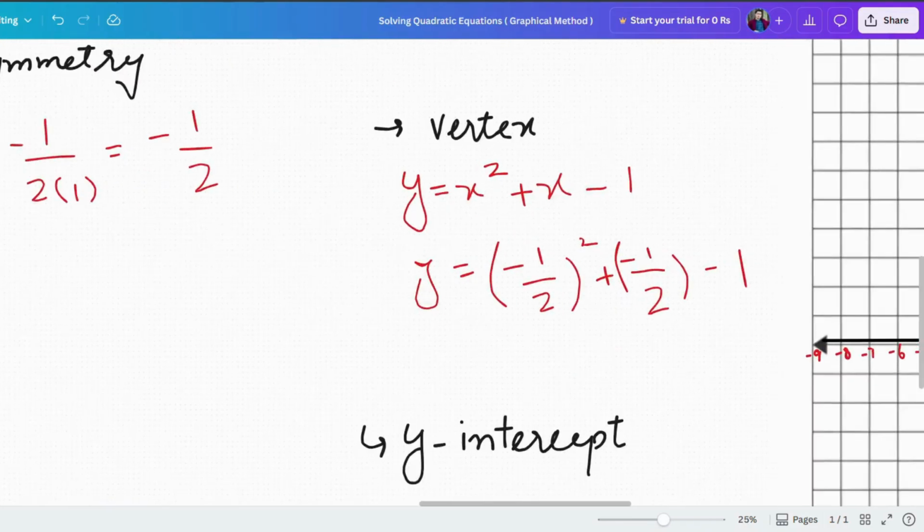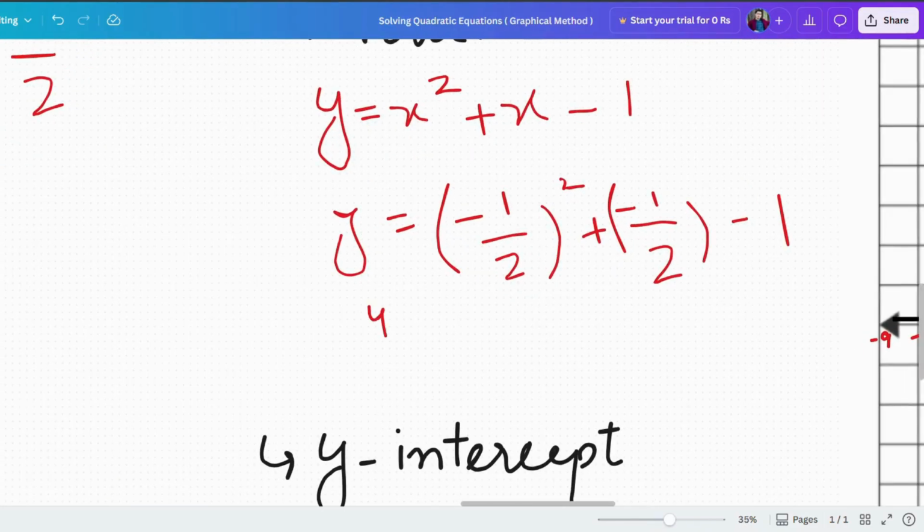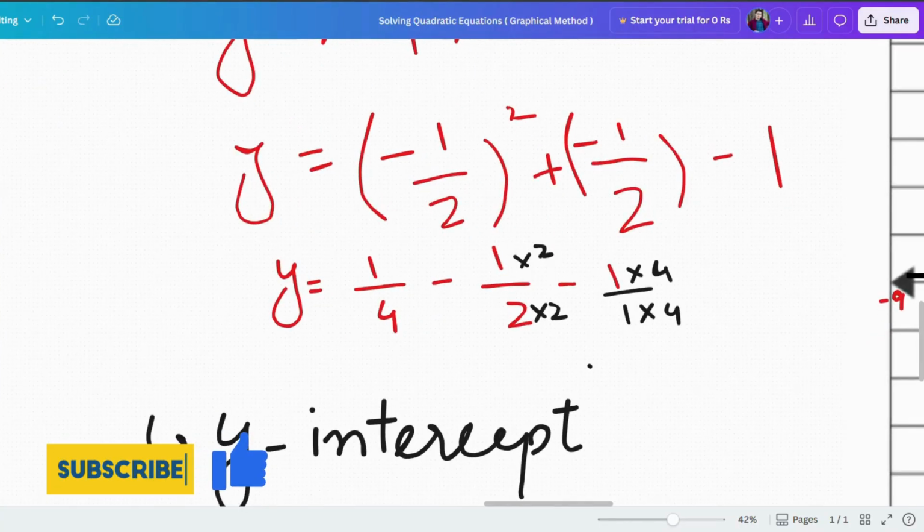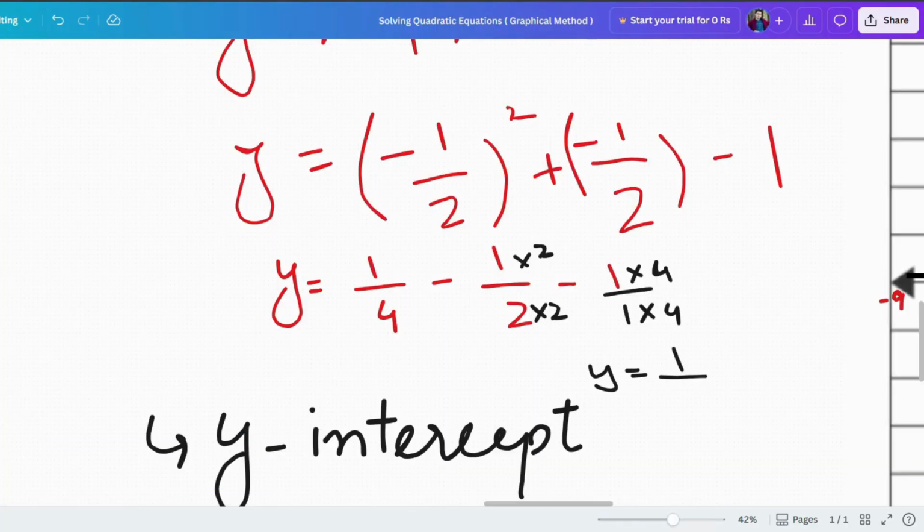So this is going to be y equals 1 over 4 minus 1 over 2 minus 1. As I need to make 4 the denominator, I'll multiply the last term by 4 on both sides, okay? So it will become y equals 1 over 4 minus 2 over 4 minus 4 over 4.